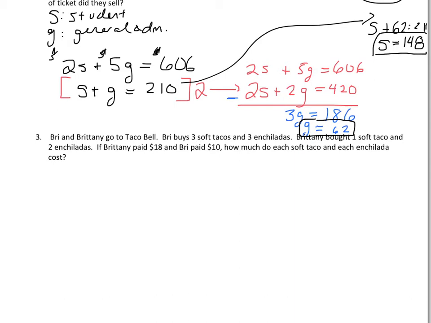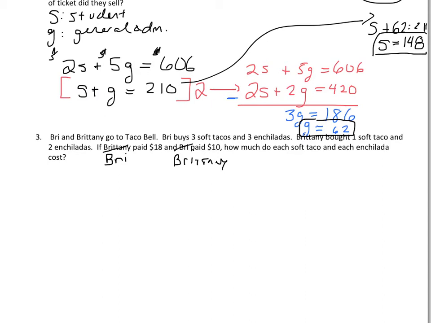I think you got to make a change here. I think Bree is paying the $18. She bought more food. And Brittany is going to pay the $10. Yeah, that seems correct. So switch those names in that third sentence there.